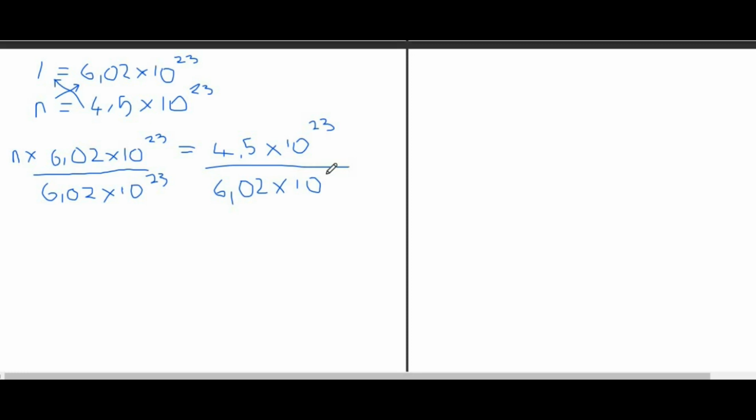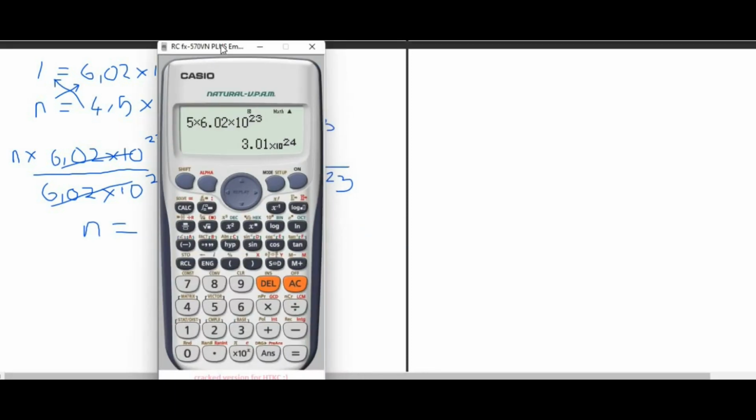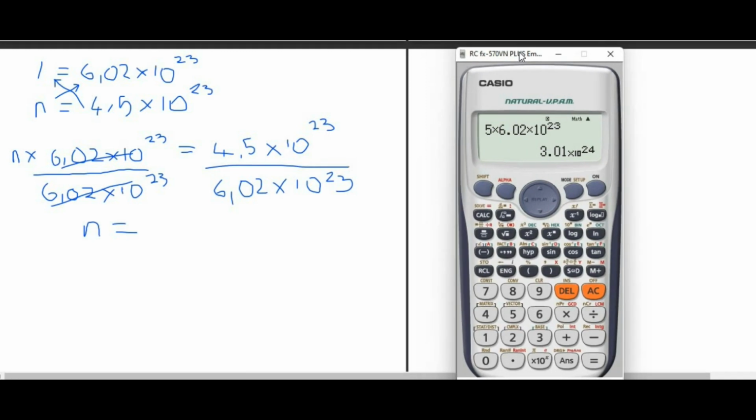And then, okay, there you are. So essentially what this means is that this will cancel this, for 6.02 multiplied by 10 to the power of 23 divided by itself is just going to be 1. Then you're left with n. And this expression you can just put on your calculator. So let us have a look.